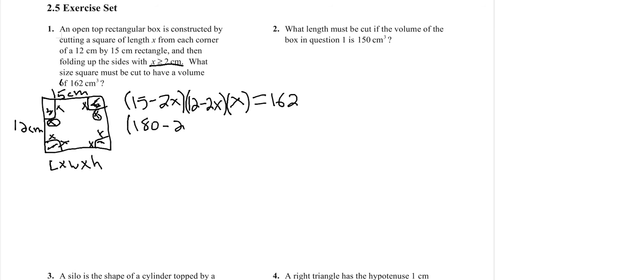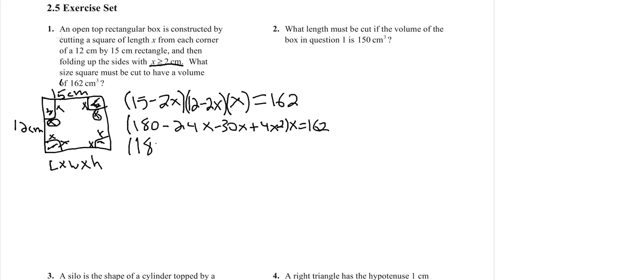180 minus 24x minus 30x plus 4x squared, all times x equals 162. And now we'll multiply by x and also add our like terms.